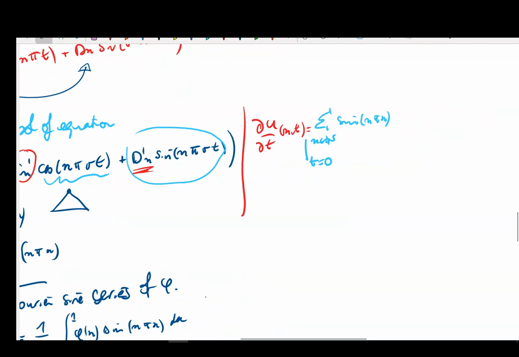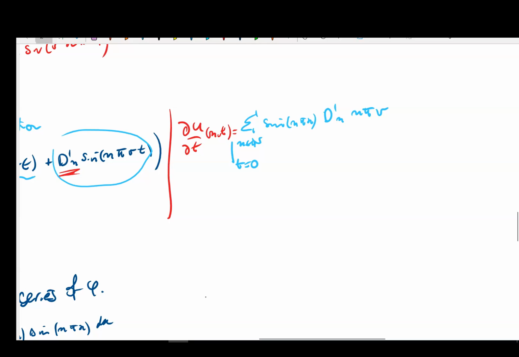And then I've got d prime n, I've got n pi that comes from the differentiation, and I also have the v. Okay, and what else do I have? And then I will have some cosine of something 0, so that would be 1. Okay, what does this tell me? This tells me that this is equal to 0.